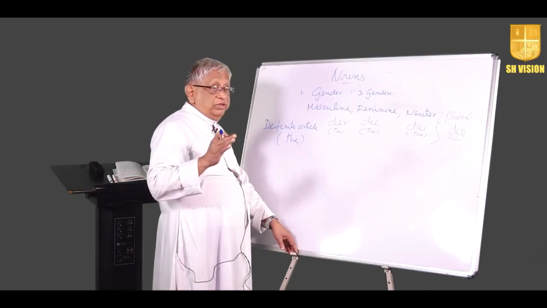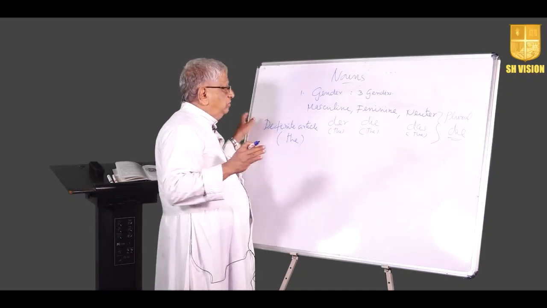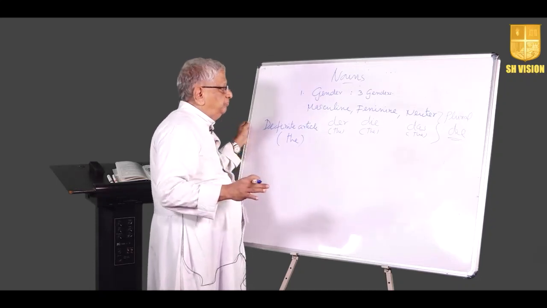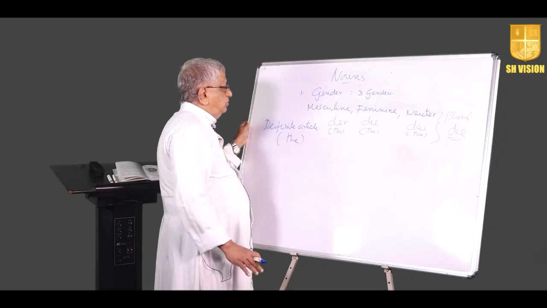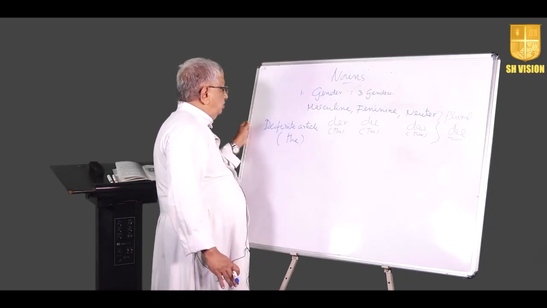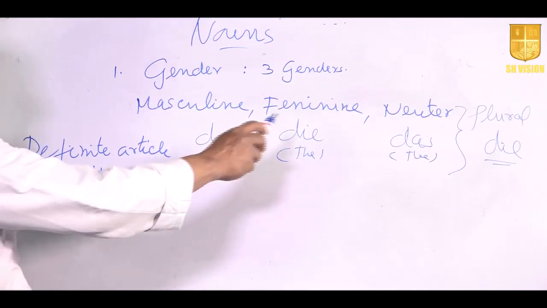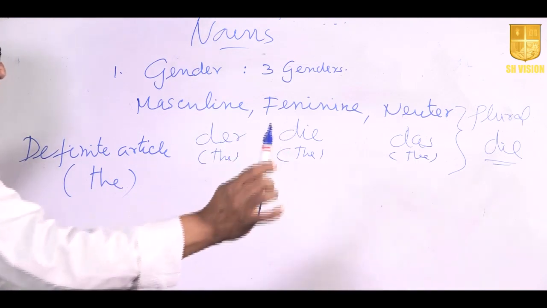And it is one of the oldest languages, an Aryan language. Like that, German is also very much governed by rules. So, der, die, das: masculine der, feminine die, neuter das, plural die.